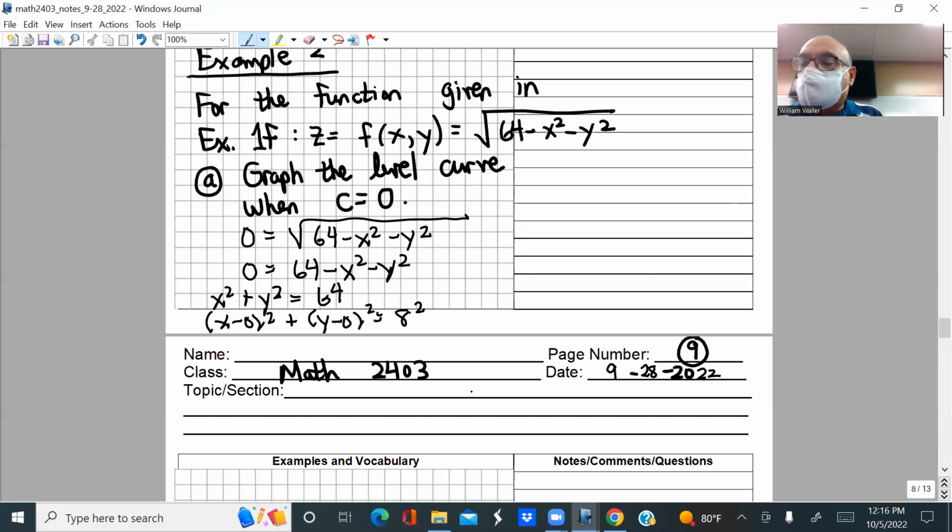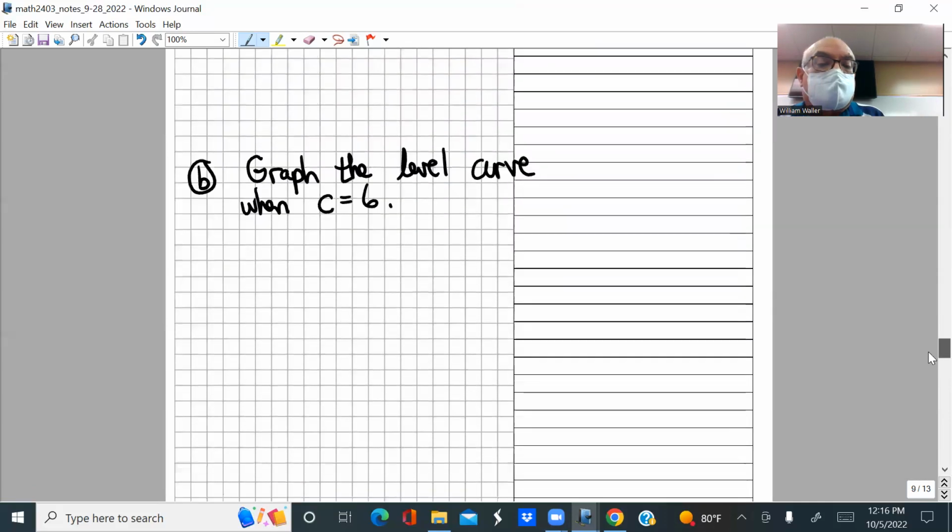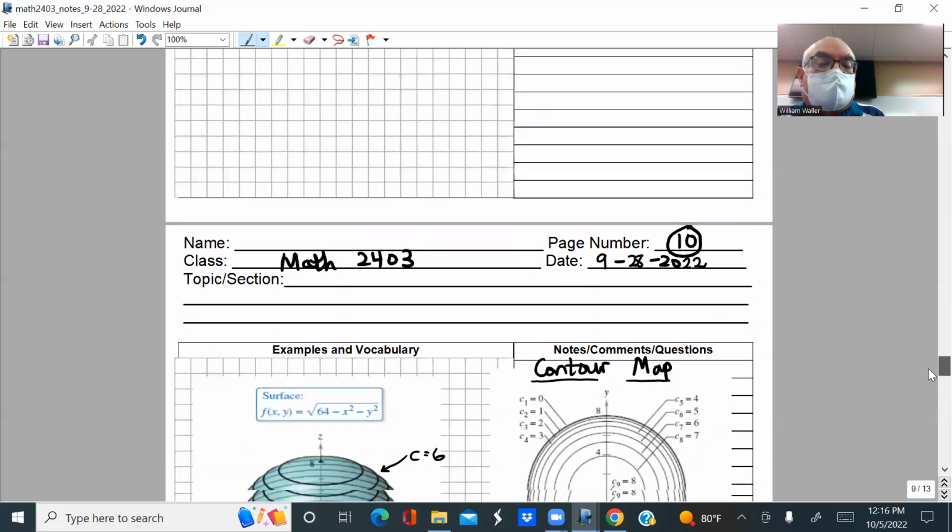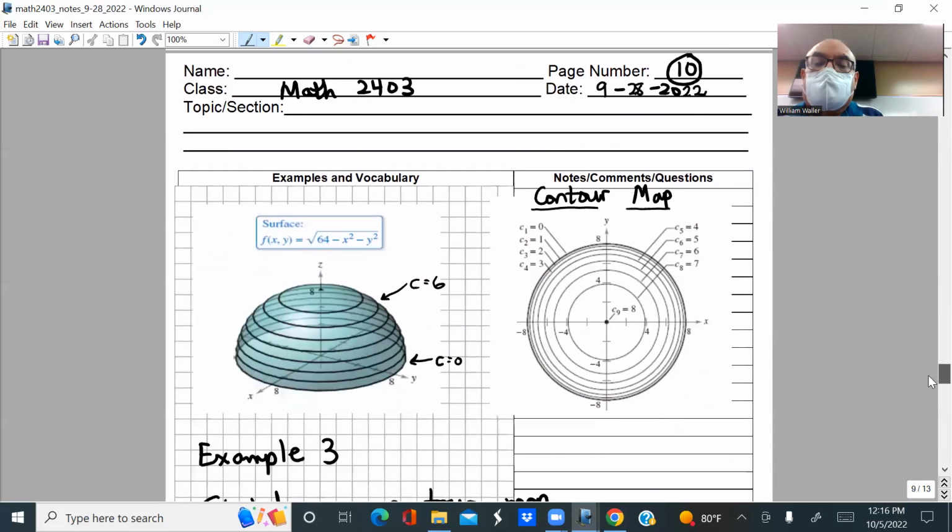So when you plot that in the xy plane, you get this big circle, the big circle on the outside. That corresponds again to the contour or the level curve where C is equal to 0.